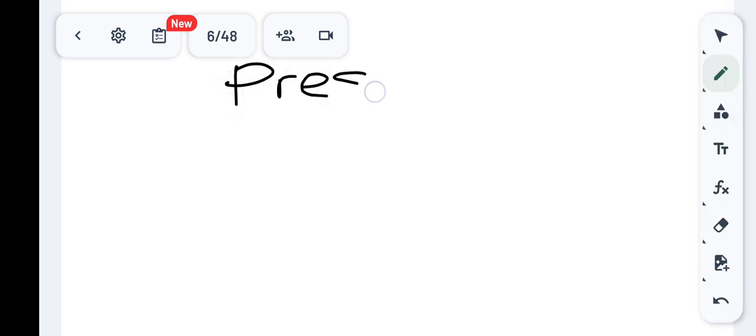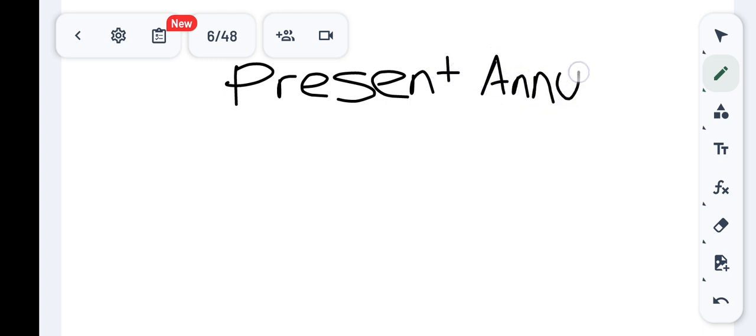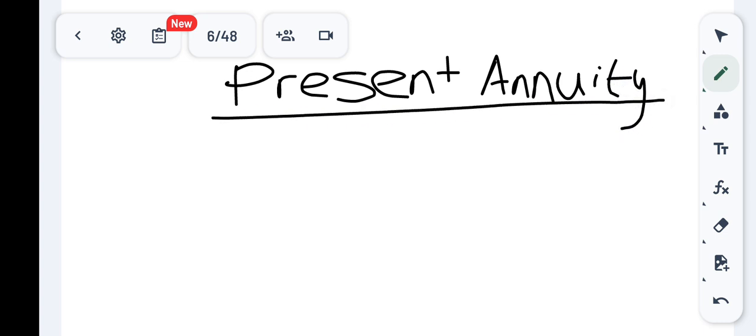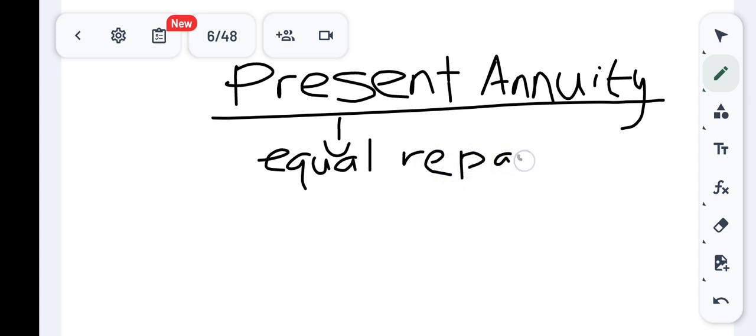Present annuity. Now here the question is saying you were granted a loan from the bank, and now you will have to pay the loan with equal regular payments per month. That is present annuity. It deals with regular equal repayments. You are repaying. In future annuity we are doing deposits, savings, and all of that.